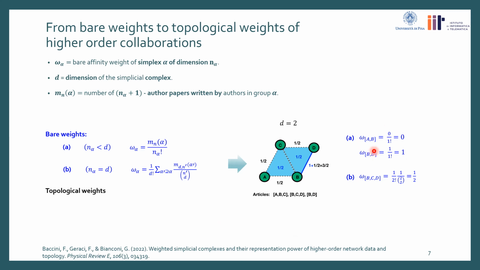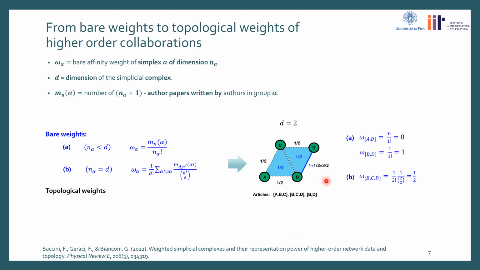The fact that edge BD and also edge AB contributed to a three-author paper is then encoded in the triangle bare affinity weights, which is computed here following the second formula. For example, author D co-authored two papers, this and this. If you sum the weights of the edges incident to D, which is 1/2 plus 3/2, it's exactly 2, the number of papers author D contributed to.